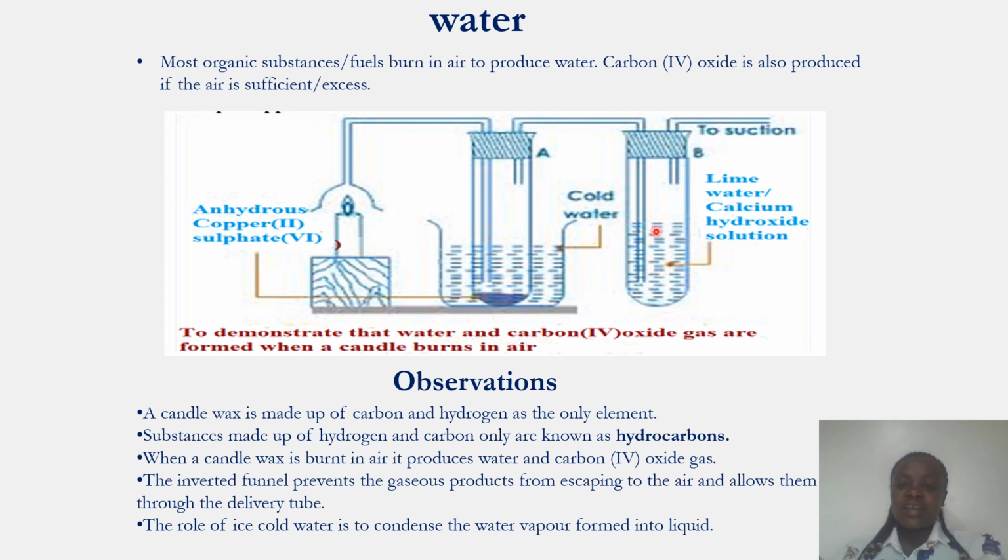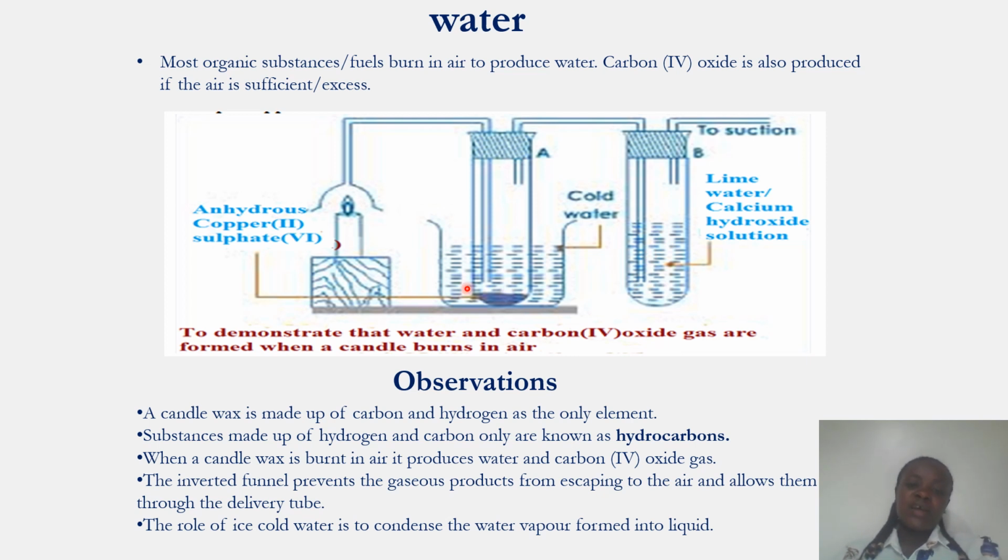So the second product will be tested using lime water here in test tube B. Then excess gas that will be remaining in this test tube will be removed by the pump, the suction, to prevent it from flowing back. We are going to see the reason.